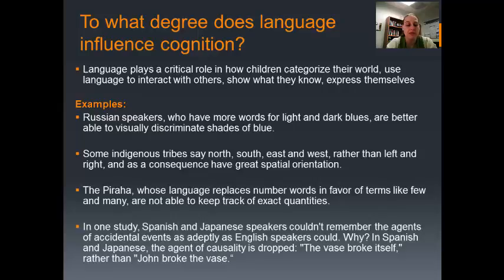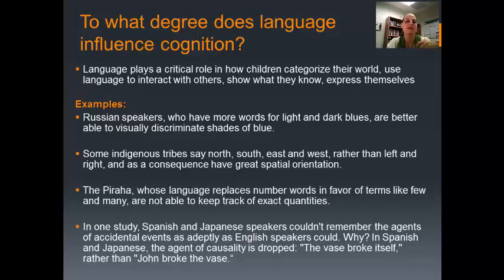Okay, and last example. In one study, Spanish and Japanese speakers couldn't remember the agents, so the active people, of accidental events as adeptly as English speakers could. So the question was why? So what they found was that in Spanish and in Japanese, the agent of causality is dropped. So the subject, in other words, of the sentence is dropped. And it's made into a passive sentence, right?